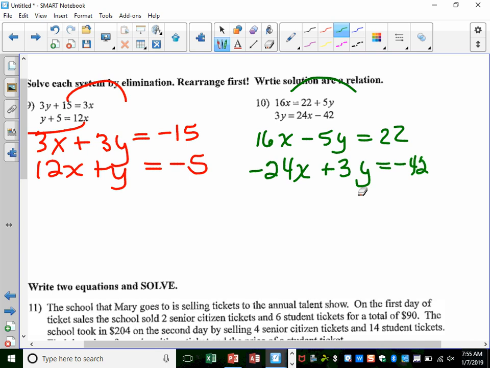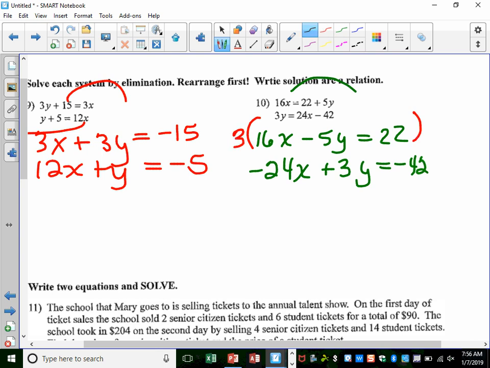So what do I mean by that? So if this is 16 and negative 24, I can't change either one of those to be eliminated. However, I can take these y's and make both of them 15. Okay, so it's almost like getting the least common denominator of 5 and 3 is 15. So you can change them so both of them would be 15. One will be a negative 15. So if I want the top one to be a negative 15, I would have to multiply this one by what number? 3.